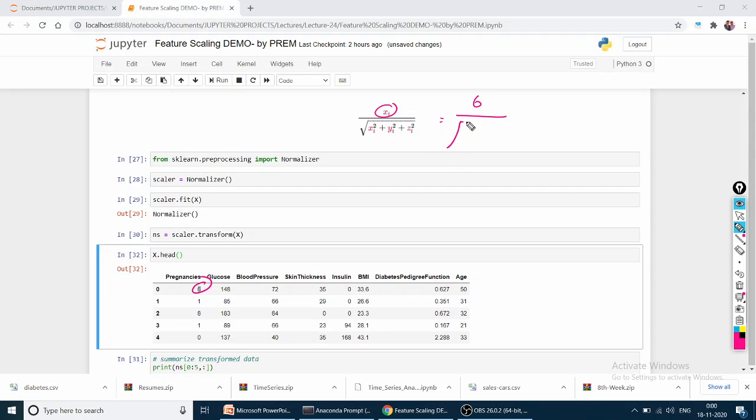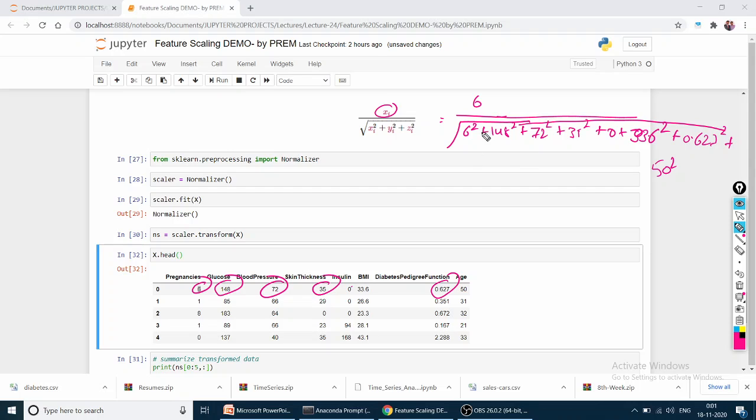So 6 divided by the root of 6 square plus 148 whole square plus 72 whole square plus 35 whole square plus 0 square plus 33.6 whole square plus 0.627 whole square plus 50 whole square. If you find this value, you get the result.